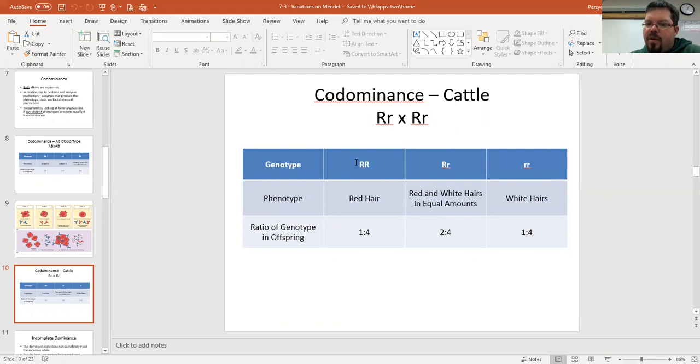Having inherited two of the dominant forms of the allele, that offspring will have only red hair. 1 out of 4 will have white hair, so both recessive forms of the allele would result in white hair. But here's the heterozygote case. Remember, anytime an individual is the heterozygote, both red and white hairs are expressed or grown in equal amounts.